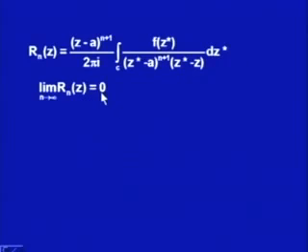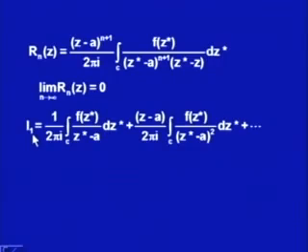Now, as we have done in the case of Taylor series, this expression will tend to 0 as n tends to infinity, and accordingly I1 will be 1 upon 2 pi i integral of f(z star) over (z star minus a) dz star, plus (z minus a) divided by 2 pi i integral over C of f(z star) divided by (z star minus a) whole square dz star, and so on.